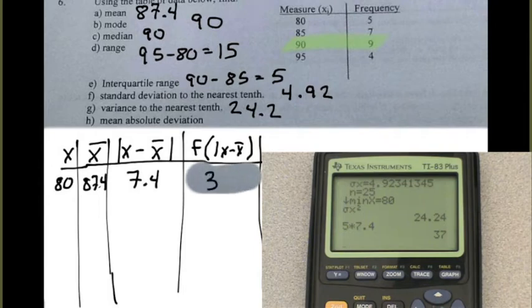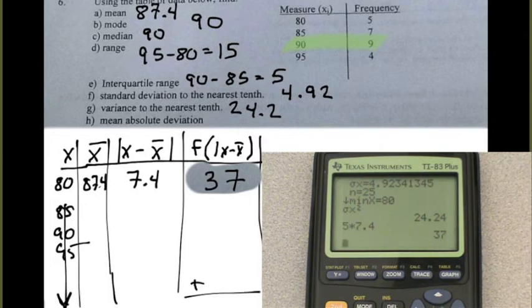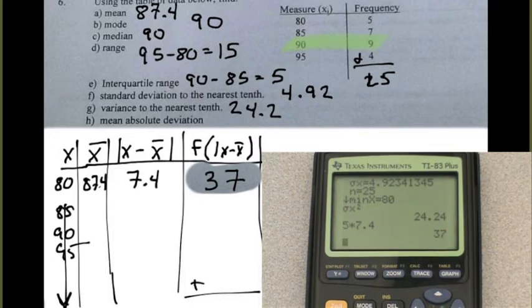So that gives you 37 there. Okay, and you would do that for the rest of these all the way down for 85, 90, and 95. You would add them all up at the end and then divide by, when you add these up, you end up with 14, I believe. Oh, sorry, 25. You end up with 25, so divide it all by 25. If you need help with that one, feel free to come in or give me a call.